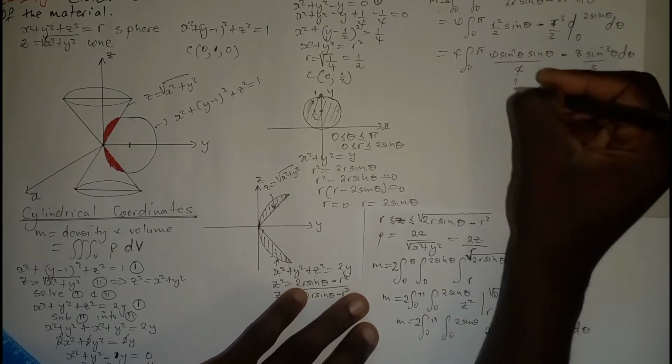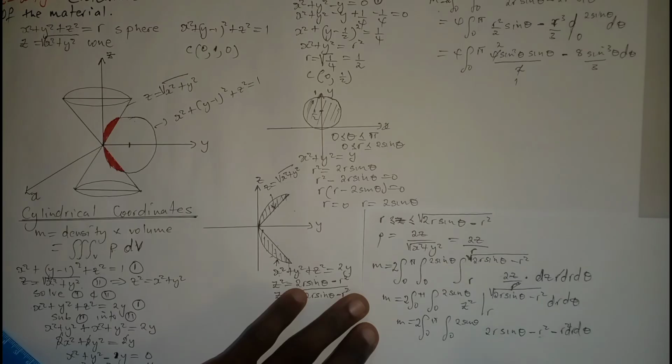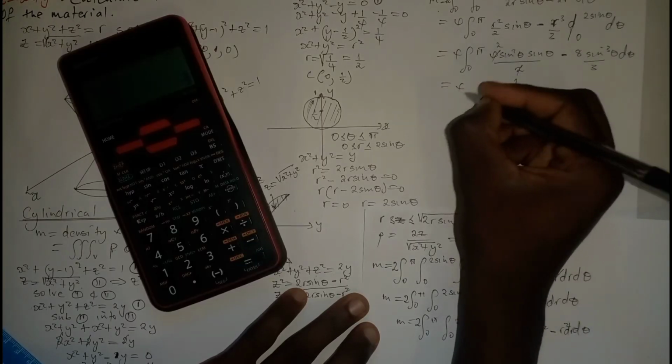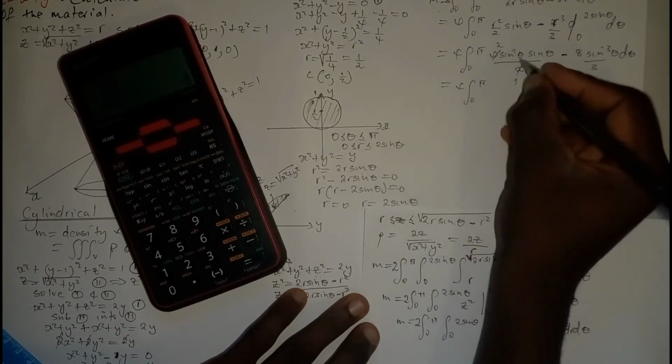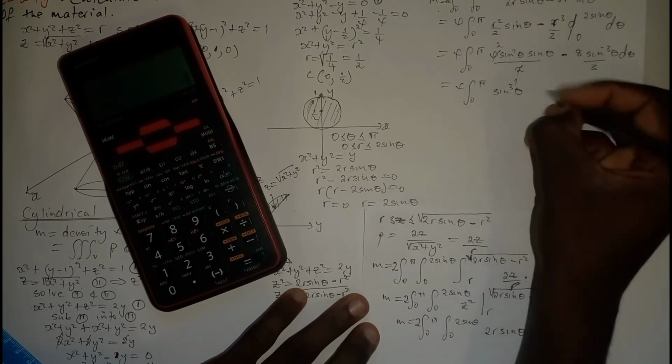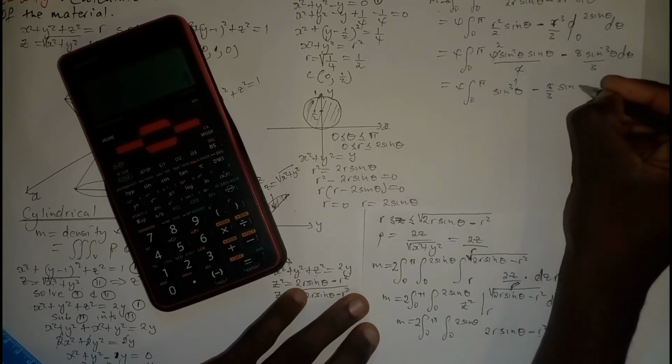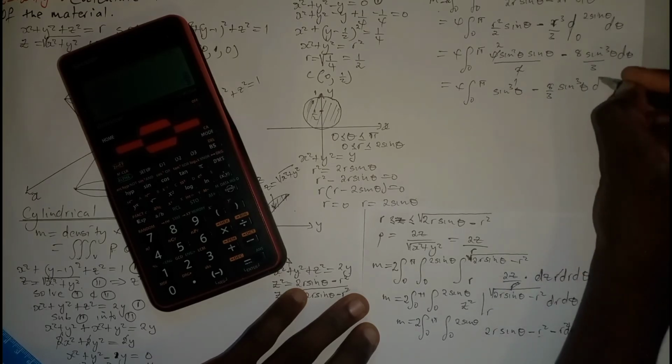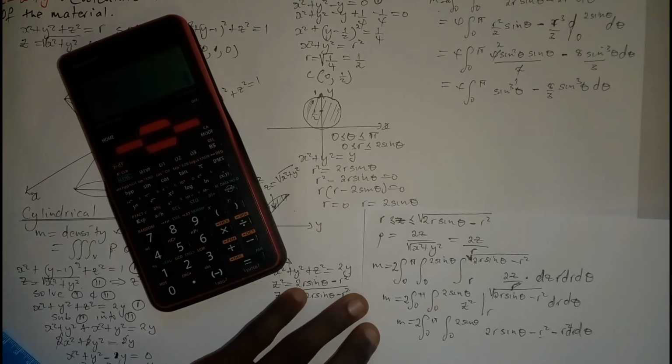So we can say 2 into 2, we're going to have 1, 2 into 4, we're going to have 2, negative 4 from 0 to pi, and you're going to have sine cubed theta minus, let me just simplify it, 8 over 3 sine cubed theta d theta.